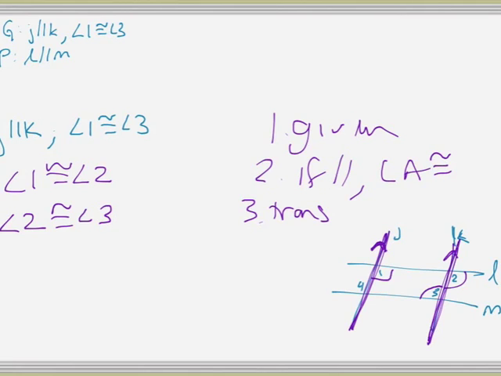L and M. So we can say L and M are parallel by if AIA congruent, then parallel. Yes. Because 2 and 3 are AIAs and the lines that are making them are L and M. So we can say L and M are parallel. Questions?